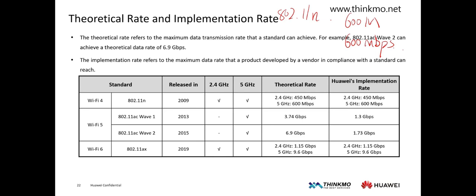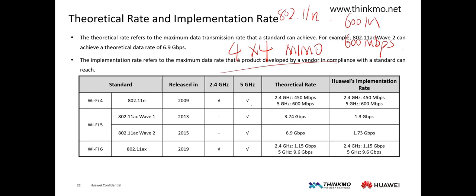In the 2.4 GHz band, it indeed supports a maximum of 600 megabits of bandwidth, but to achieve this speed, several conditions must be met first. The first one is called 4x4 MIMO. This means that your wireless router must support 4x4 MIMO, multiple input, multiple output, and your terminal, such as your phone or computer, must also support 4x4 MIMO technology to achieve the theoretical speed of 600 megabits.